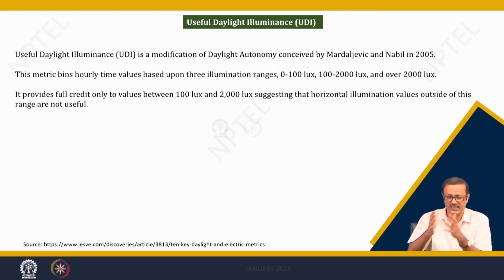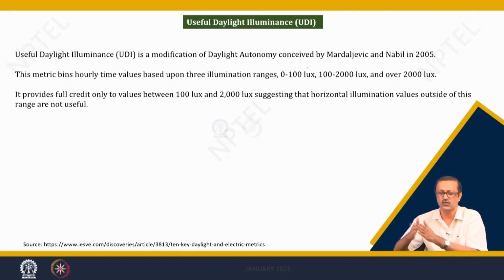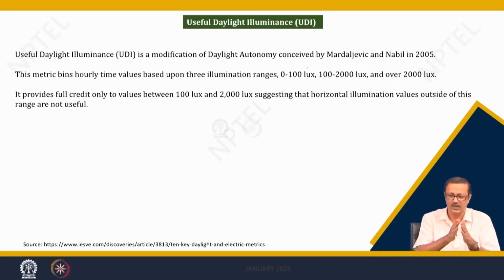There are 3 sectors: one is 0 to 100 lux, which grids have that scenario for maximum time, maybe 50% time, 80% or 90% time. The second is 100 to 2000, and the third one is over 2000.